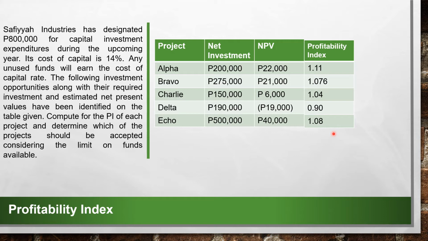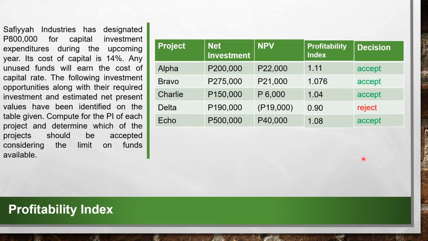So since we have 5 projects, let's determine which among them are acceptable. For Alpha, greater than 1, accept; greater than 1, accept; greater than 1, accept; less than 1, reject; greater than 1, accept.